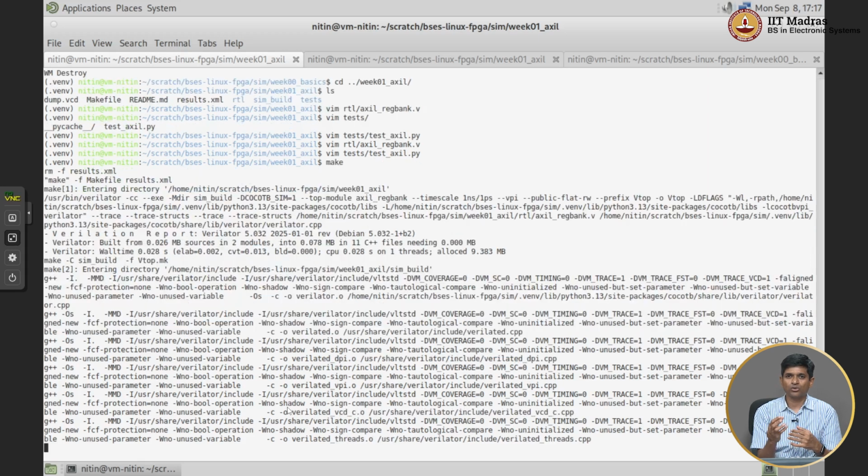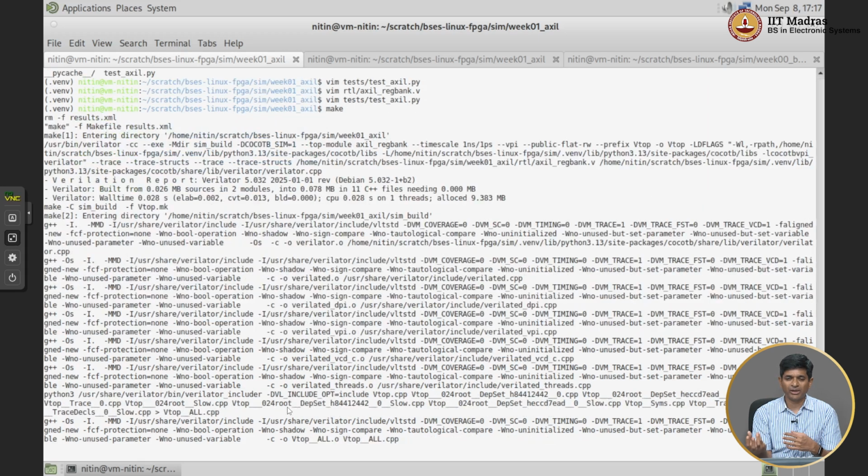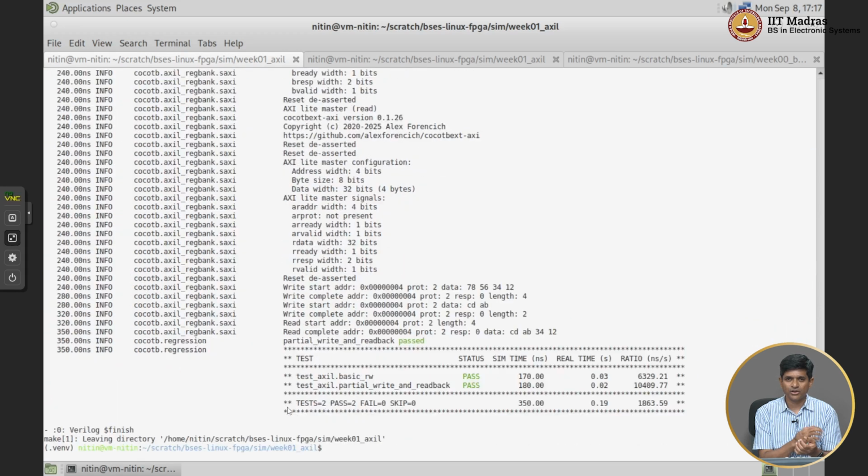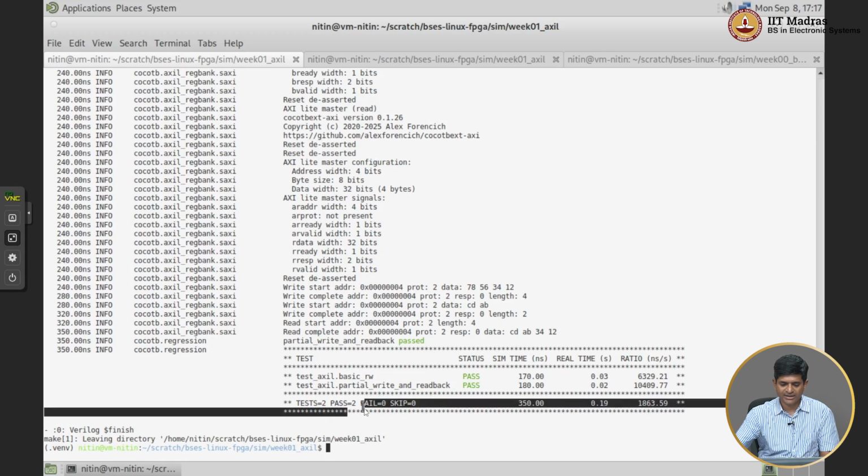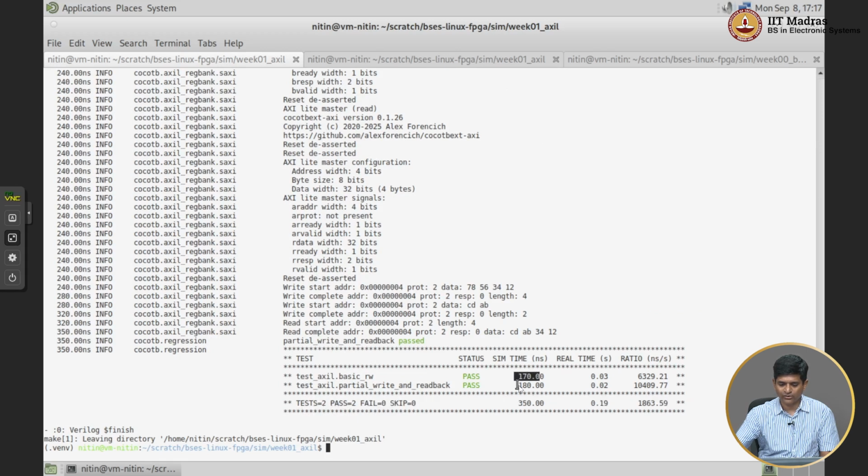It also creates whatever interfaces are required between the Python and the Verilator so that the entire communication can happen. And as you can see, it ran 2 tests. It says that both the tests passed. You can see how long it took for each of the tests to run, and there is also some useful information about what buses it identified and so on.